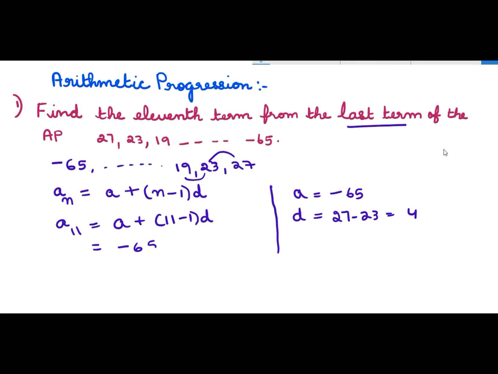Minus 65 plus 10 into 4, which is minus 65 plus 40. Subtract and put the bigger number's sign: 65 minus 40 is 25, so minus 25. So the 11th term is minus 25.